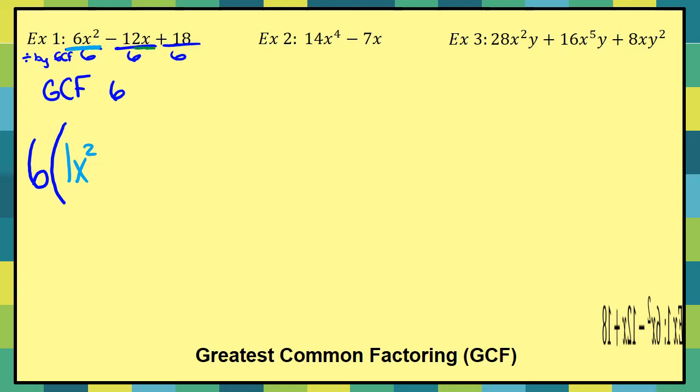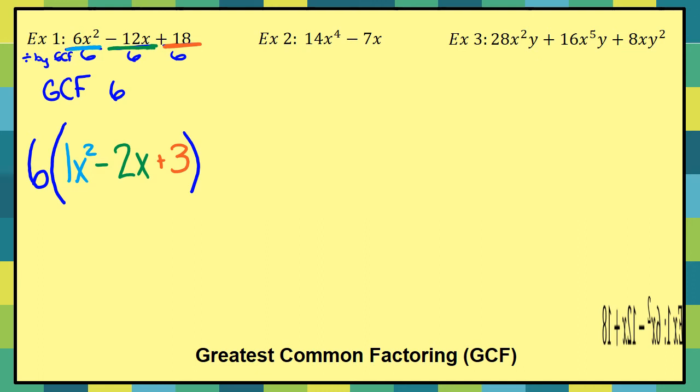If I have negative 12 divided by a positive 6, I have a negative 2 with my x left over. If I have a positive 18 divided by a positive 6, I have a positive 3. Okay. Now when I look at that, the numbers got smaller, which is good, and they're all still integers. If you have fractions, that might mean maybe it wasn't a clean GCF to begin with.